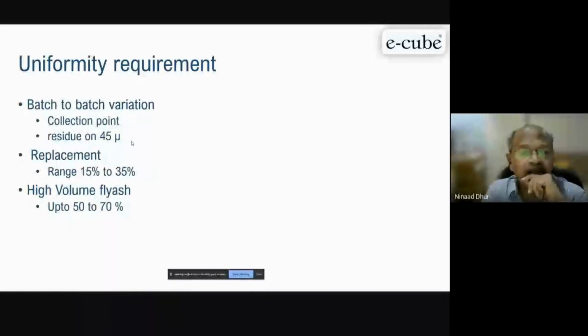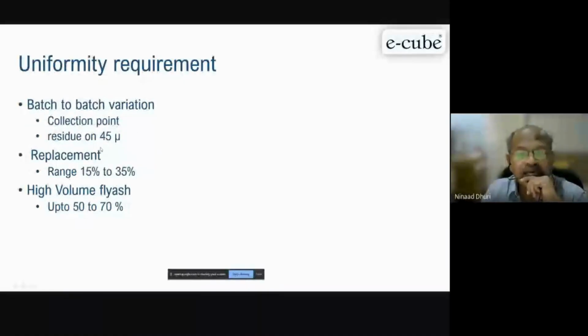And for quality control at site, because the site is very difficult for fineness or chemical analysis, but the particular thermal power station will not change the coal. Once there is no change in the coal, the chemical analysis also will not change. So what we have to ensure is that I always have a particular size of material. So I can check with 45 micron and see my consistency.